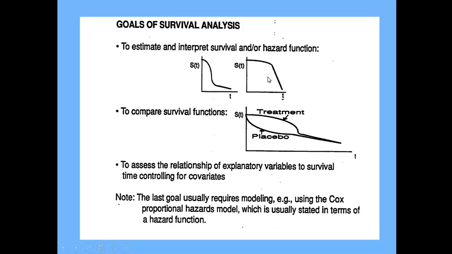Ideally, if you're comparing two groups, you want to put them on the same graph so you can see what the survivor curves look like. And that's what I've done here. So if you saw this picture, what would it say? I don't have the data, but if you saw this picture, is treatment better than placebo? Well, not exactly. It is better early on, but is it better later?